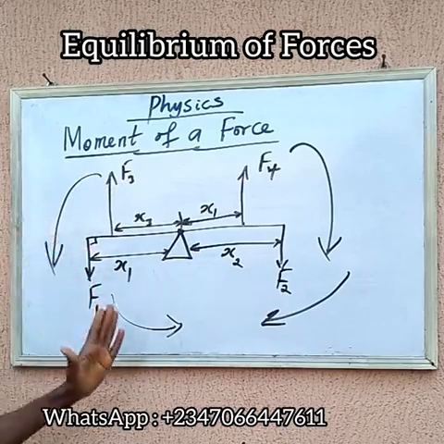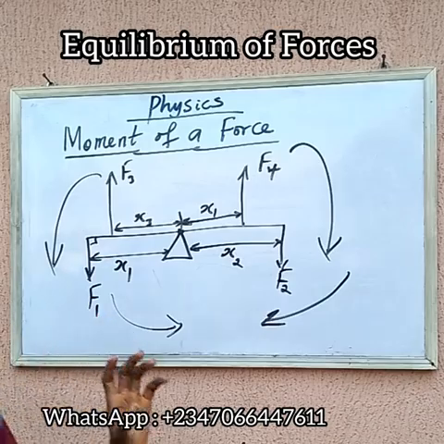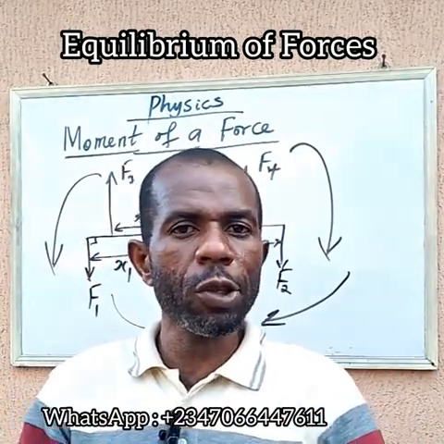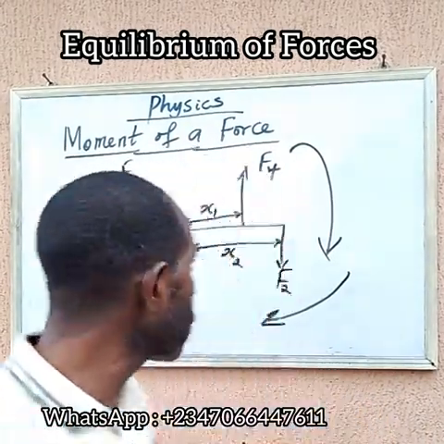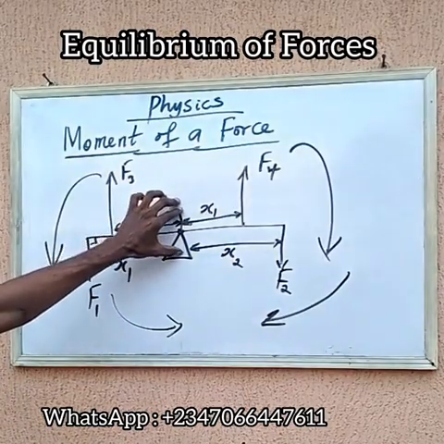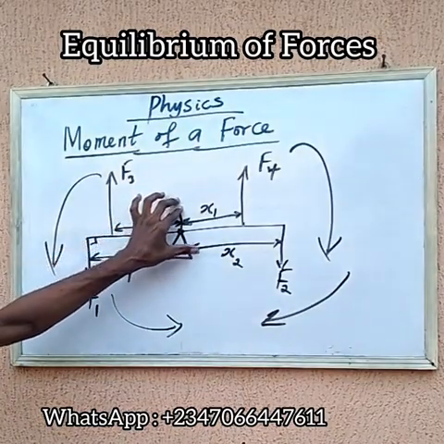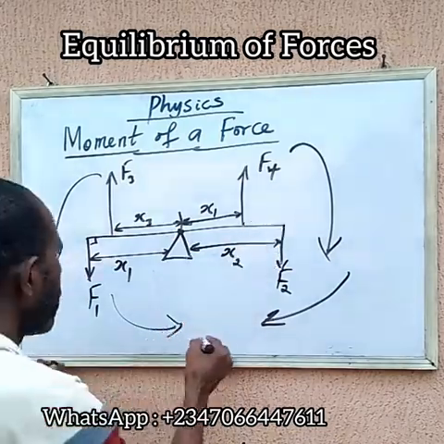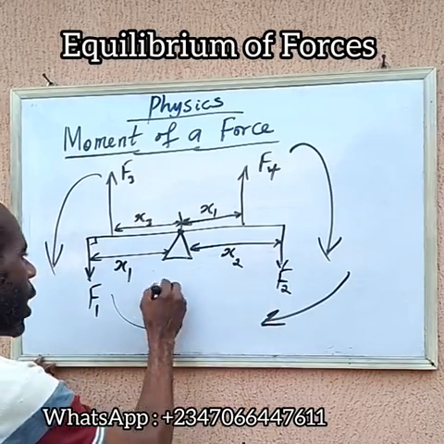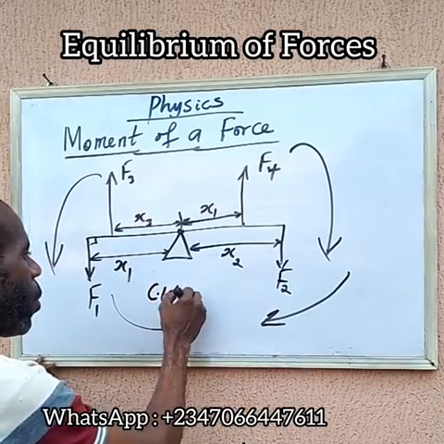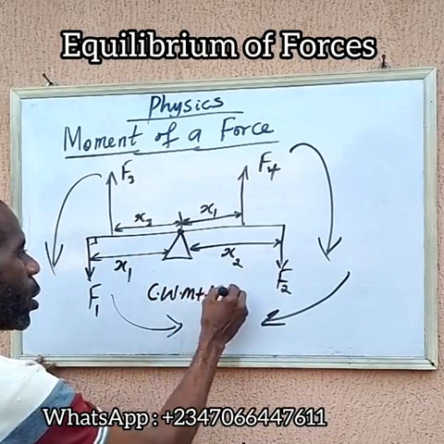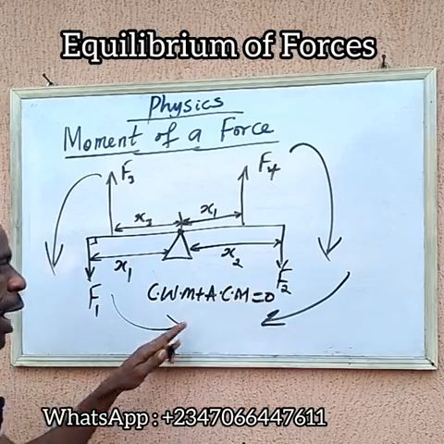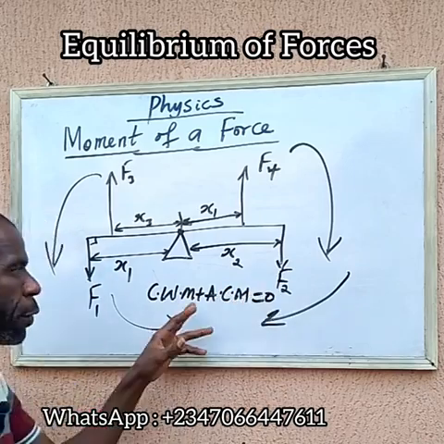Now, according to the principle of moment, it says that the algebraic sum or the vector sum of the moments about this point is 0. That is to say, the sum of moments, clockwise moment plus anti-clockwise moment, is equal to 0, according to the principle of moment.